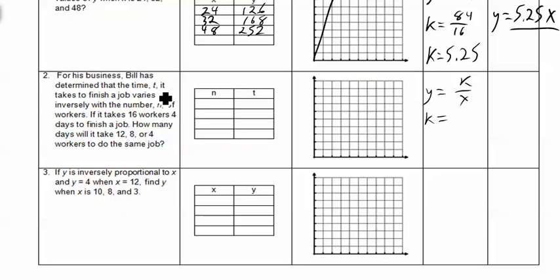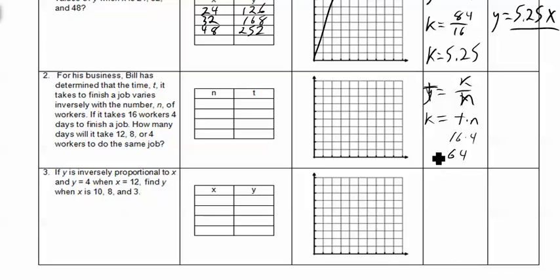Let's determine that t varies inversely with the number n. So k still is going to equal t times n. Workers is 16, 4 days, so 16 times 4. Plug it into your calculator, it's okay, but it's 64.